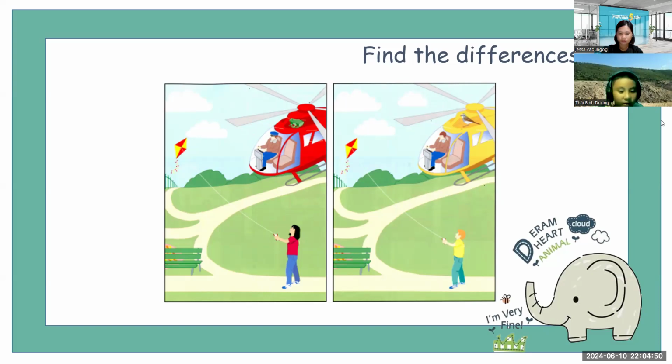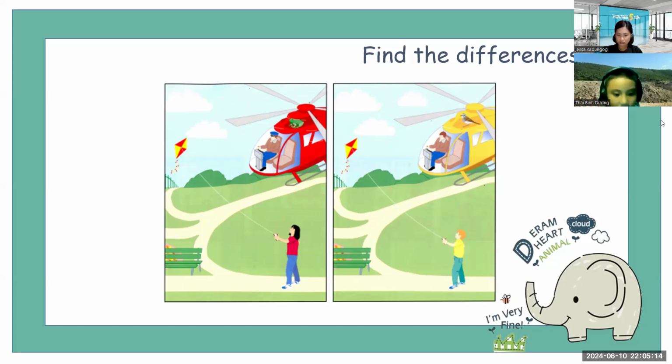Next. In picture 1, the man is wearing a hat. But in picture 2, the man isn't wearing a hat. Okay, correct. In picture 1, the man or the pilot is wearing a hat, while in picture 2, he isn't. Next.